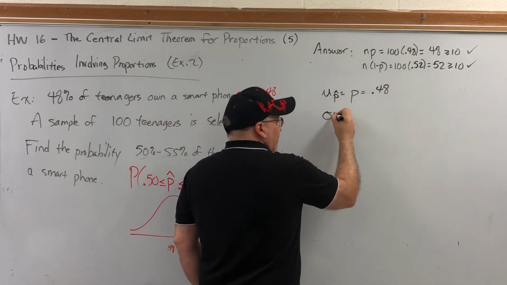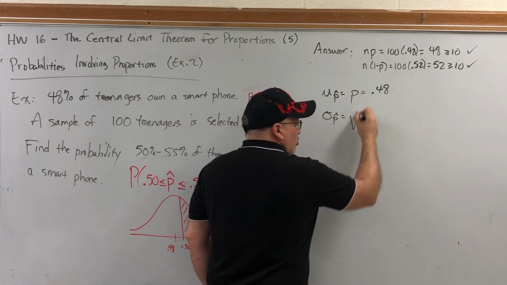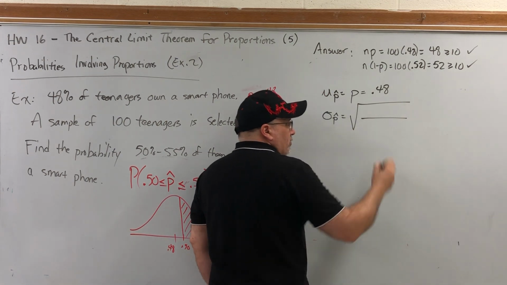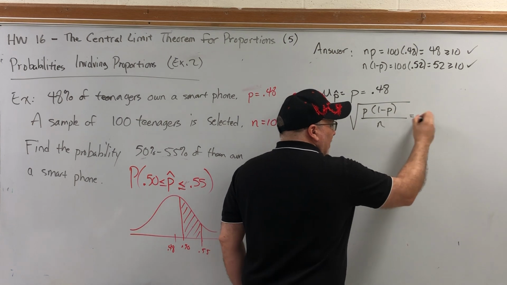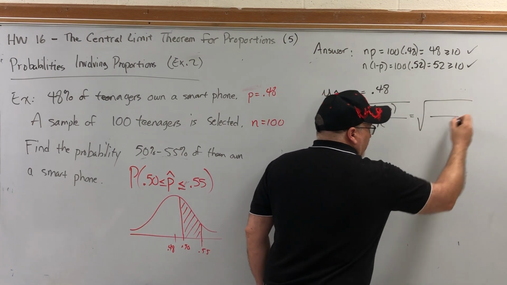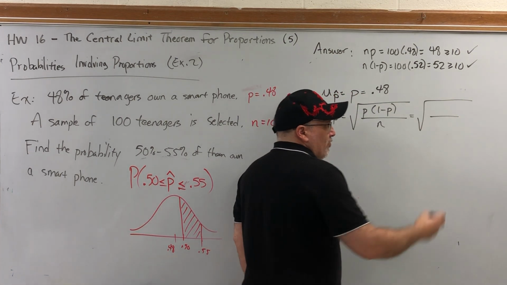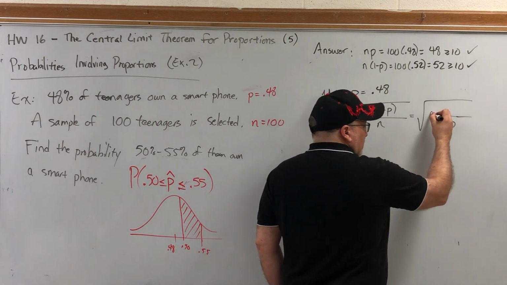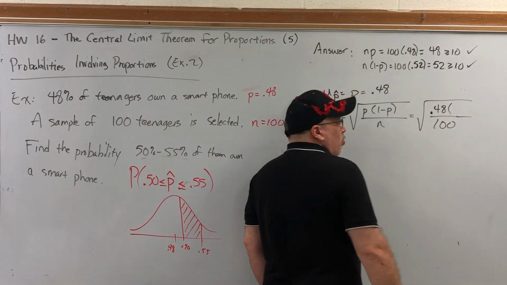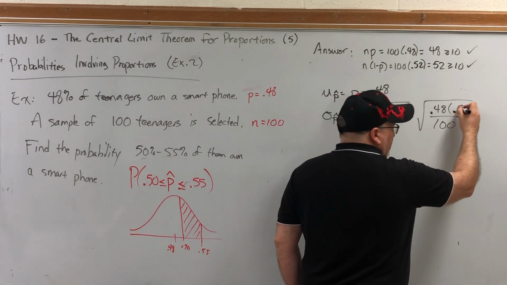And the formula for sigma sub p hat is the square root of a fraction with n on the bottom, p times 1 minus p on the top. So under the square root in the denominator we have 100. And in the numerator we have p, which was 0.48, times 1 minus p, which is 0.52.